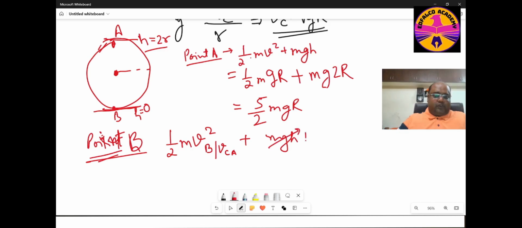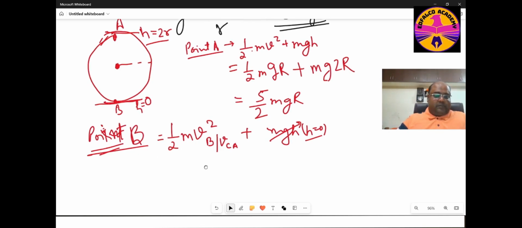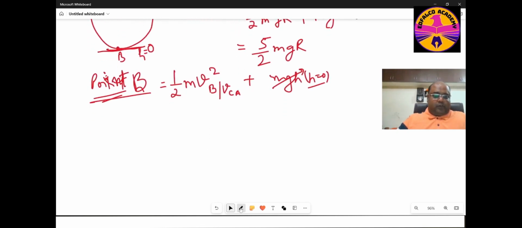Mgh will vanish because your h is 0. So this is the energy at the bottom. Since the mechanical energy at A and B is conserved, the energy must be the same. Therefore, I can equate these two. So half m vb, when it is critical at A, squared must be equal to 5 by 2 mgr.